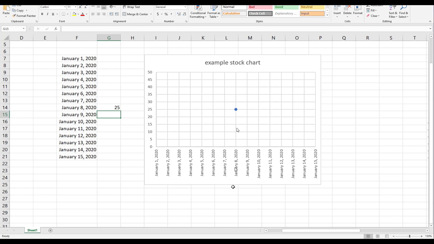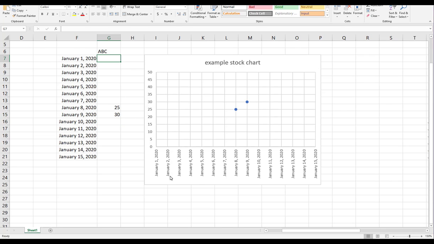So on January 8th, the price of ABC stock was 25. On January 9th, it was 30, and so on.